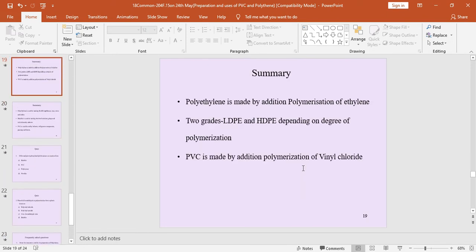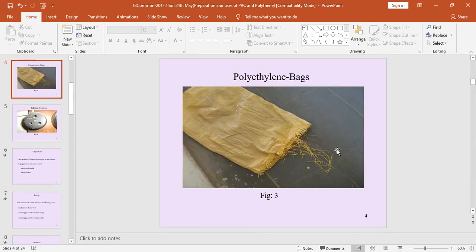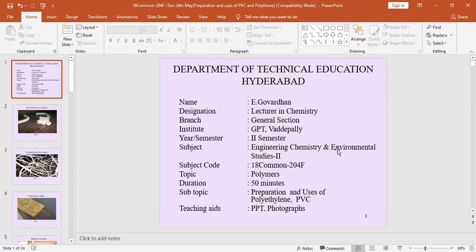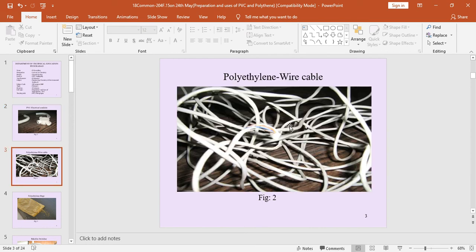So these are the summary points. Before going to the summary, I have given important points. Let us see once again the preparation of polythene.